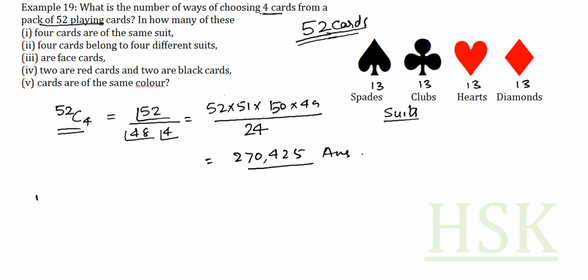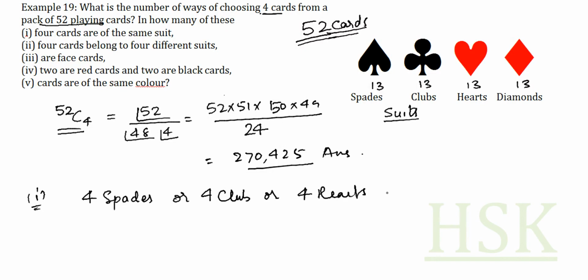Now the next part. In how many of these are the 4 cards of the same suit? The 4 cards are of the same suit, so this means that 4 should be spades, or 4 should be clubs, or 4 should be hearts, or 4 should be diamonds.